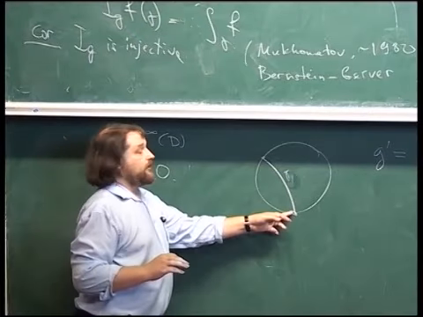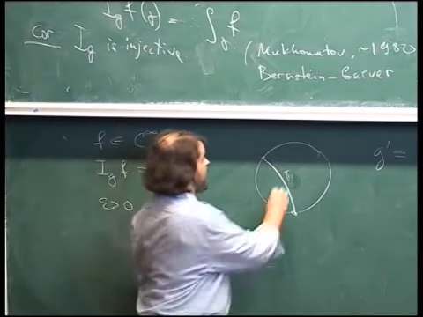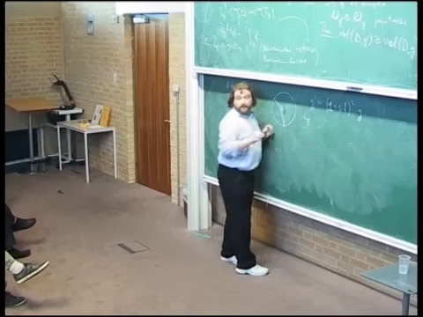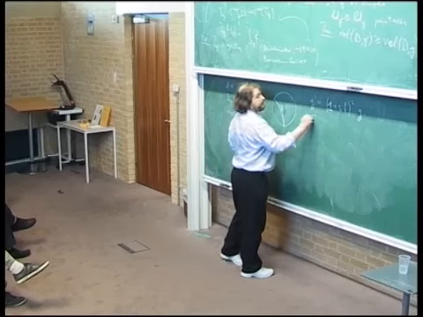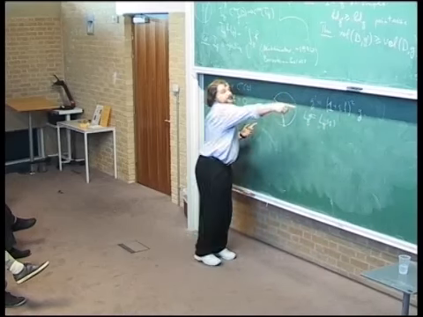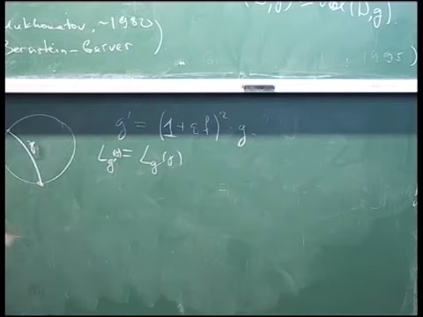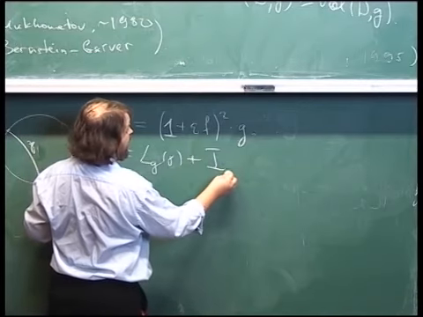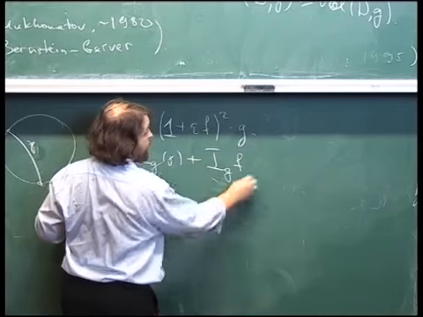Consider a geodesic γ of the original metric, and let's try to find its length with respect to the new metric. What you get is the original length, by integrating the square root of this over this line, plus epsilon times I_g of f, which is 0.